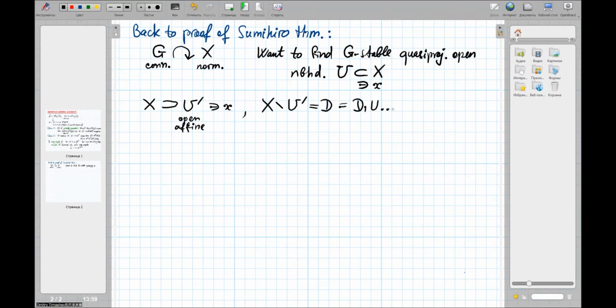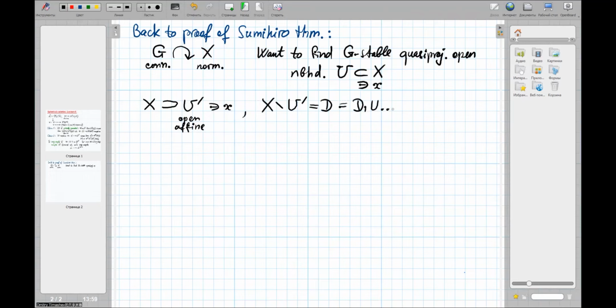You make your X smaller, but it is still a G-stable normal variety, so all assumptions are preserved.